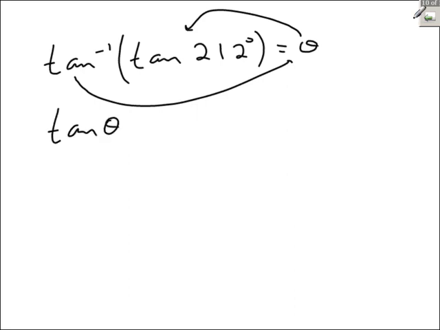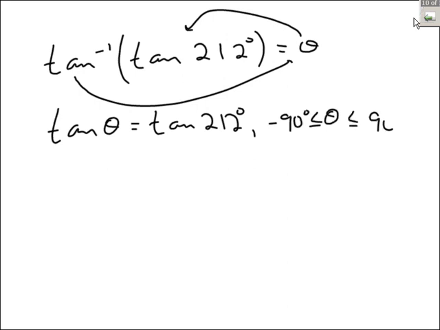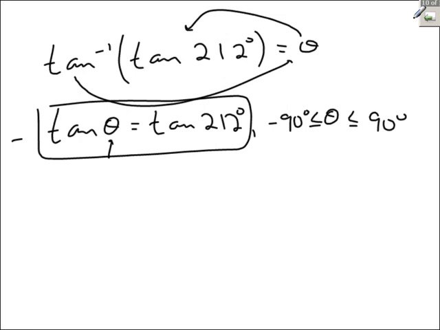The tangent of theta is equal to tangent of 212 degrees, and theta is in between negative 90 degrees and positive 90 degrees. Of course, theta can be 212, since the tangent of 212 is equal to the tangent of 212. But the problem is that 212 is not in between negative 90 and 90. So we need to get it in between there.